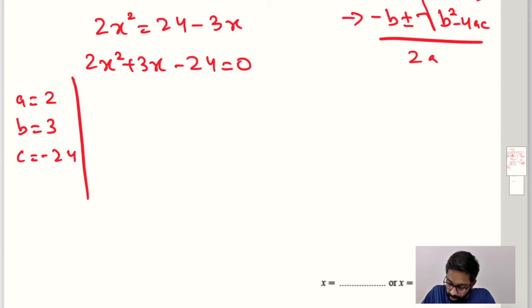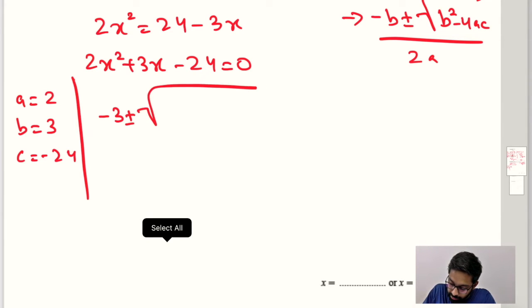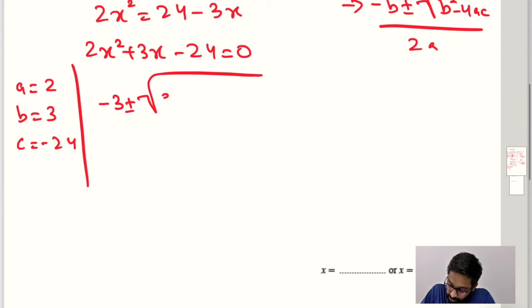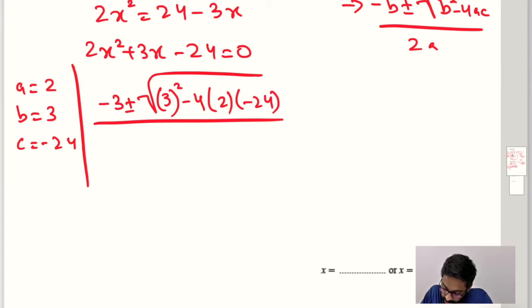So I plug these values into the formula. So instead of b, I would write negative 3 plus minus the square root of 3 squared minus 4 times 2 times negative 24, over 2 times 2, which is 4.